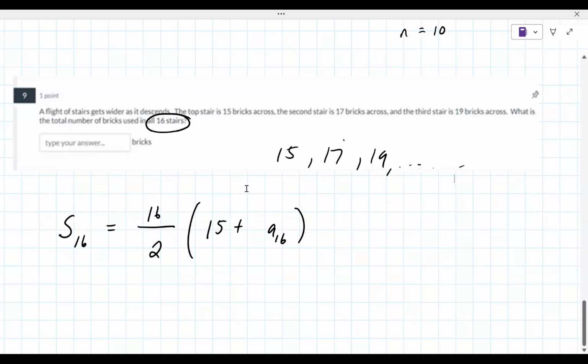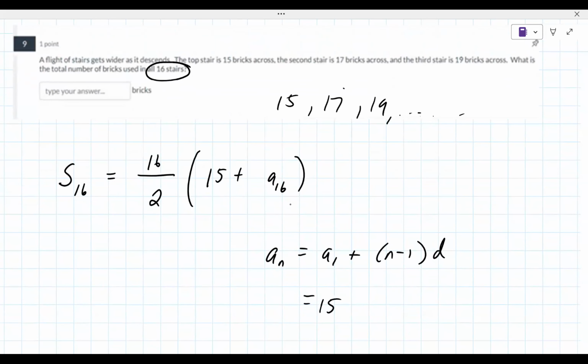So kind of like the last problem, we have some of the information, but not all of it. So we need a formula for it. AN equals A1 plus N minus 1 times D. So the first term is 15. The difference is 2, so you're going up by 2 each time.